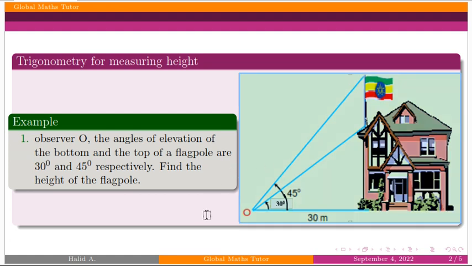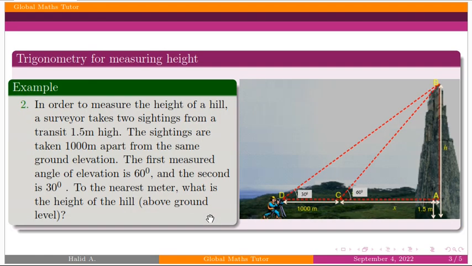The second example will be on finding the height of the hill. This question asks what will be the height of this hill from the ground, from this bottom to this one, or variably h, finding h. If the first observation is made at 60 degrees and then the sightings are taken 1000 meters apart from the same ground elevation.